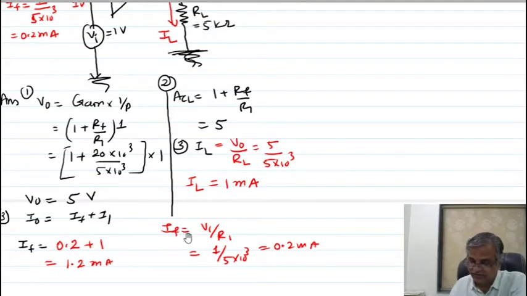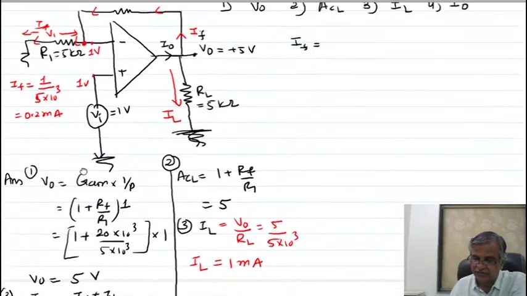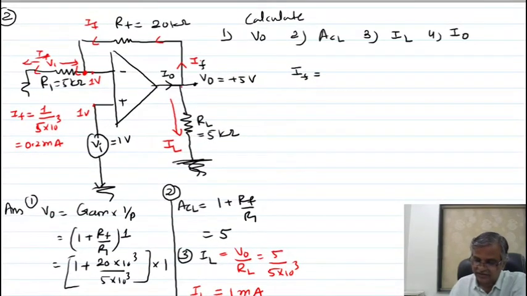So why have you written IF is V1 by R1? Reason is that, look here, this current is coming from here, it will flow like this. So either I take this potential difference upon this, or I can say this potential difference upon R1. You can find it by this also. IF is nothing but the potential difference VO minus VA upon RF.